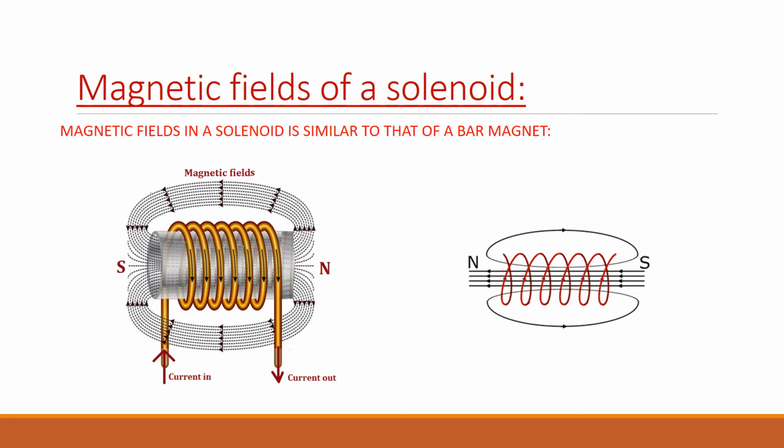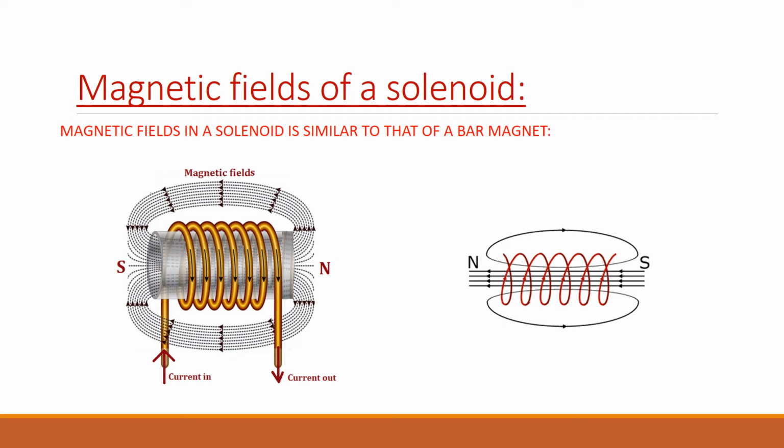So because of these, the magnetic field's strength in a solenoid is very strong inside the solenoid. A question: why is it that magnetic field strength is highest inside the solenoid?